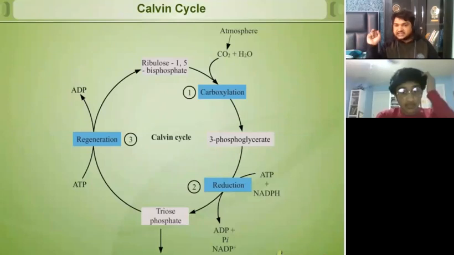After the regeneration, which compound will you get? RUBP. This is of five carbon, and one carbon dioxide is coming, so the total becomes six, and six will be divided equally into two. It's a loop, so it will continue again.